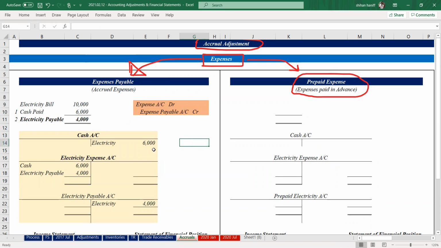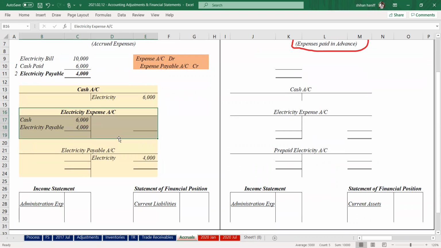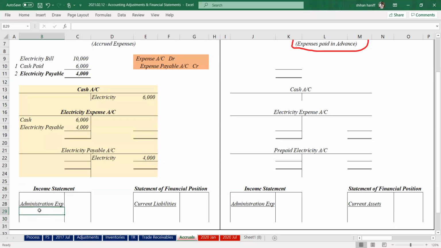Now for the cash account, I'm not going to do the balancing part. Now we have the electricity expense. The expense account will be transferred to the income statement under administration expense.